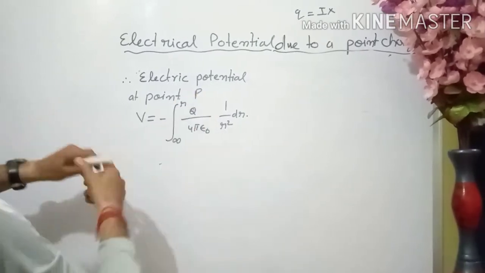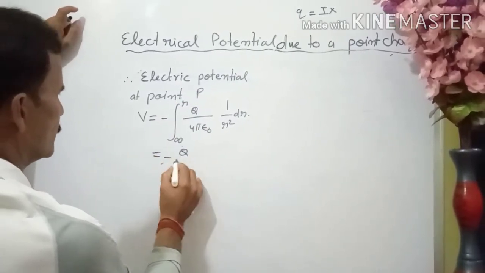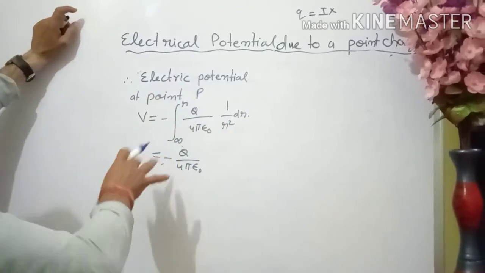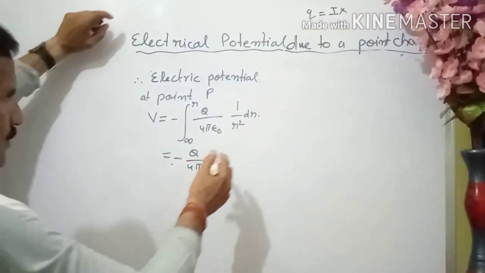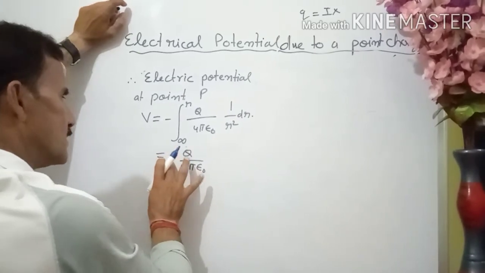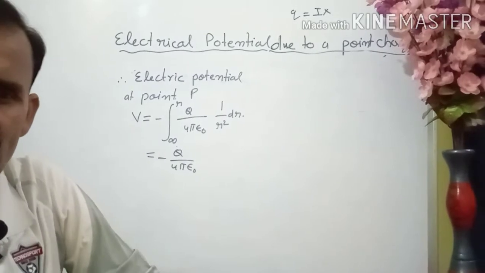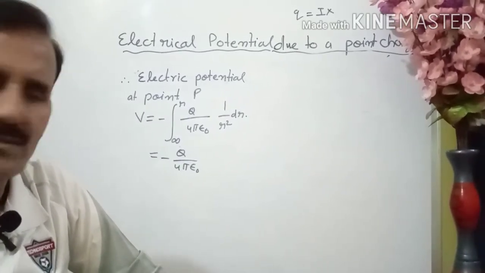These are constants, so you can take them out, so it is minus Q upon 4 pi epsilon naught. Why minus there? Because you are doing the work against the force. So this negative sign does not represent direction, it only tells you that work is done against the force.